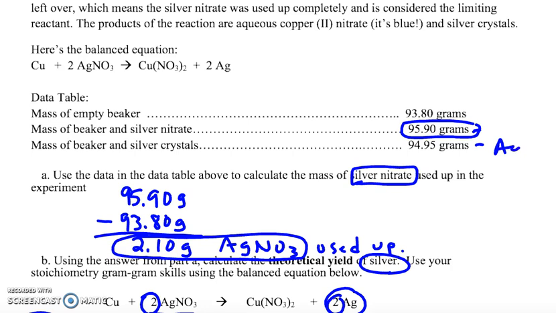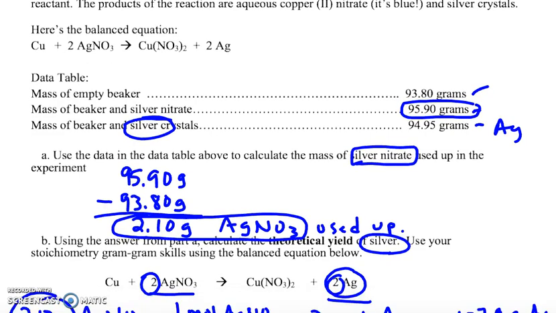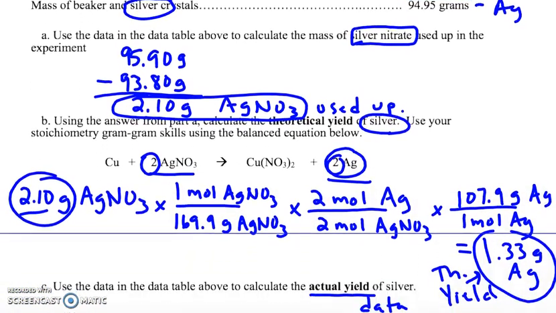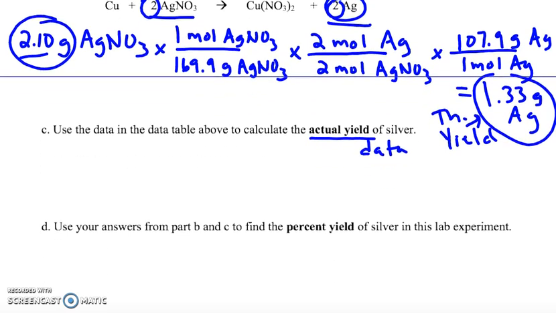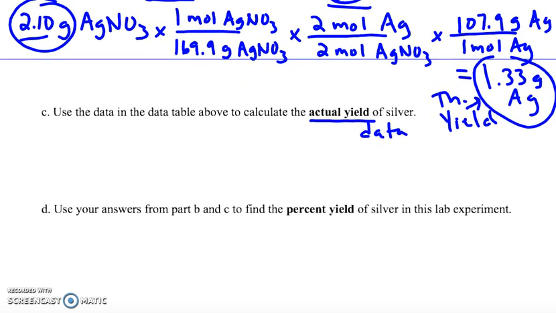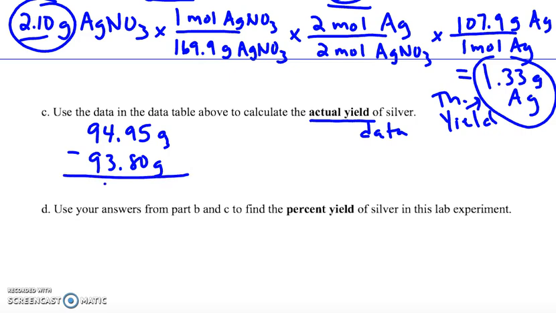This is the actual yield of the silver crystals, keeping in mind that we're going to have to subtract out that mass of the empty beaker. So I'm going to show my work back in the appropriate spot. And it is 94.95 grams minus the 93.8 grams of the empty beaker. And that works out to 1.15 grams of silver.